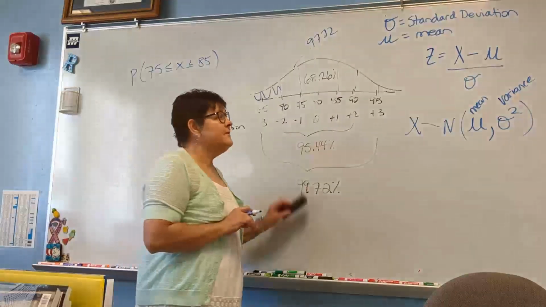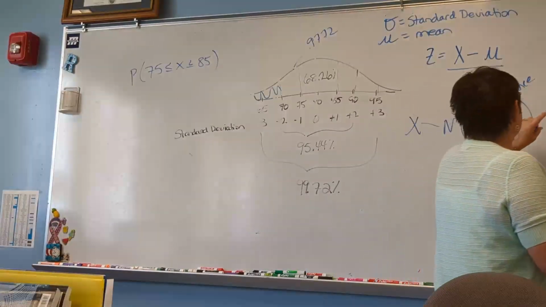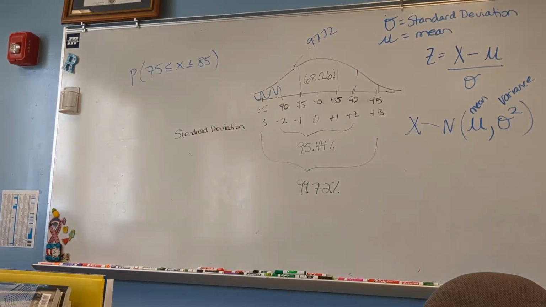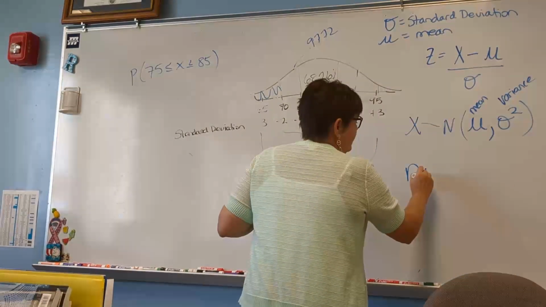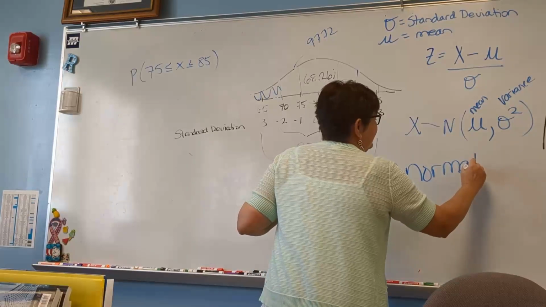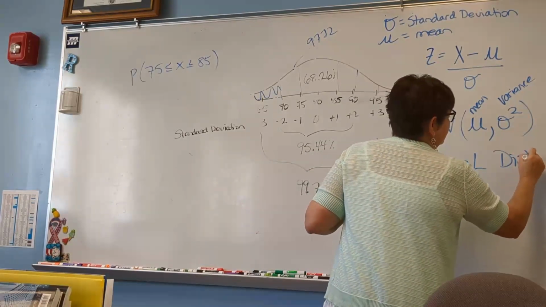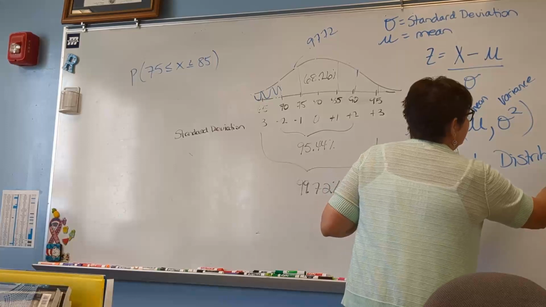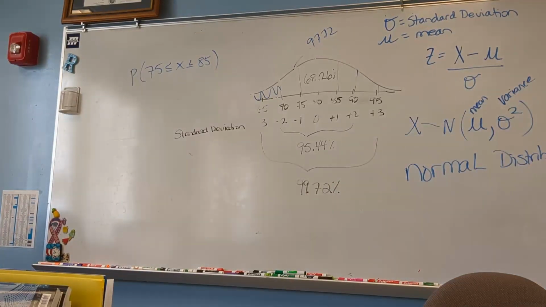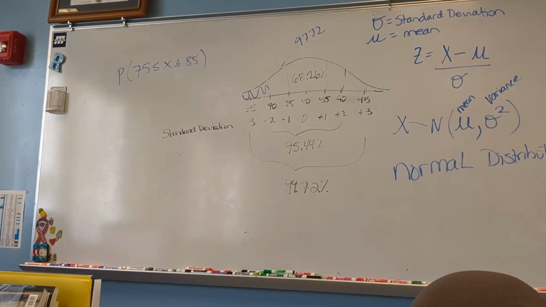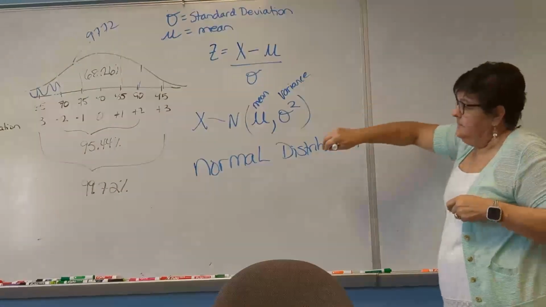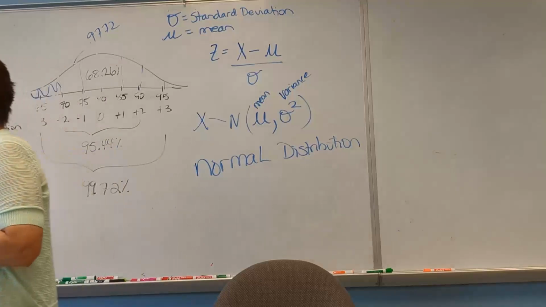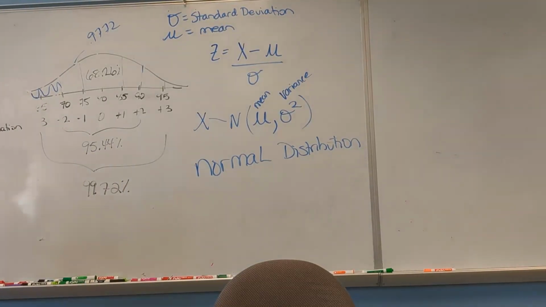So on this original thing, what is that bottom line called? That's a normal distribution. A normal distribution. So x minus mu, the mean, over standard deviation.